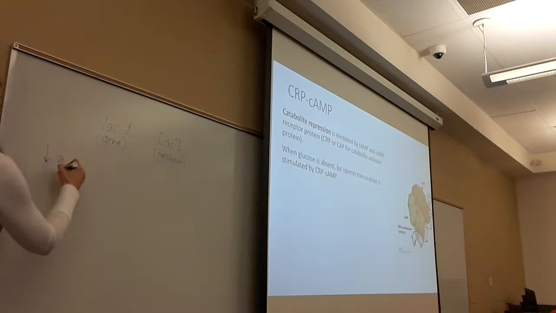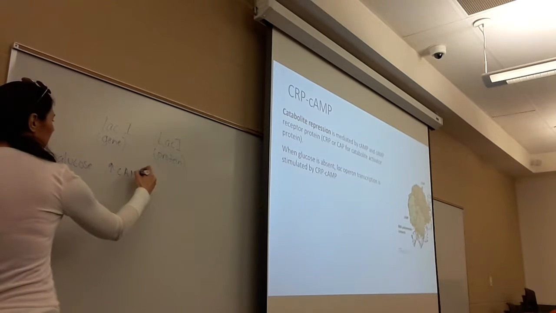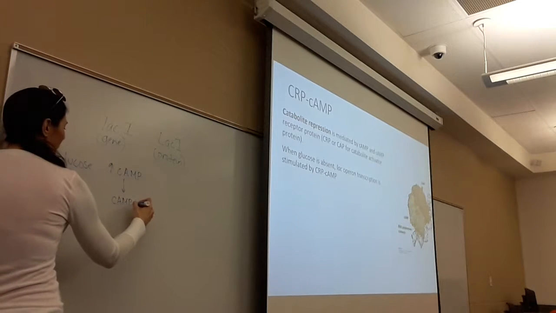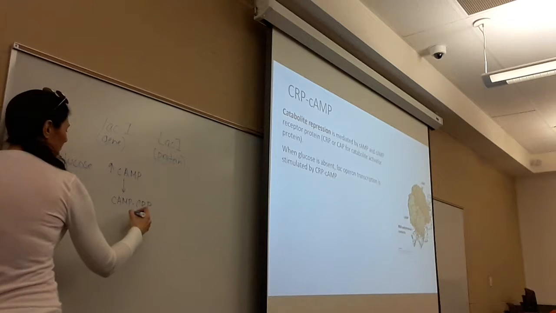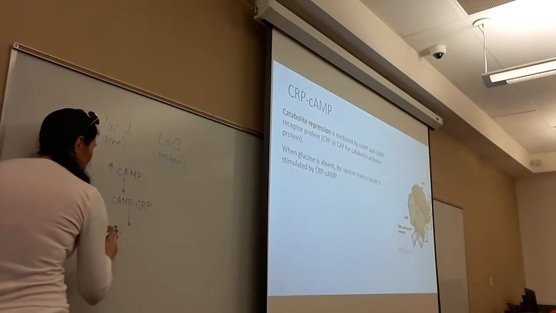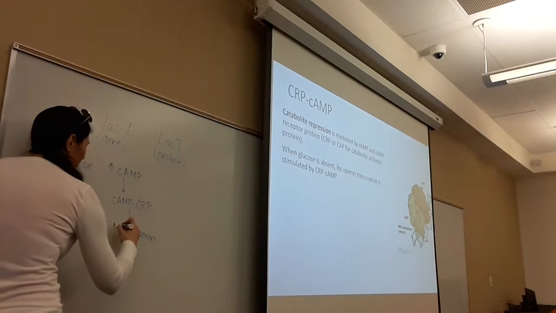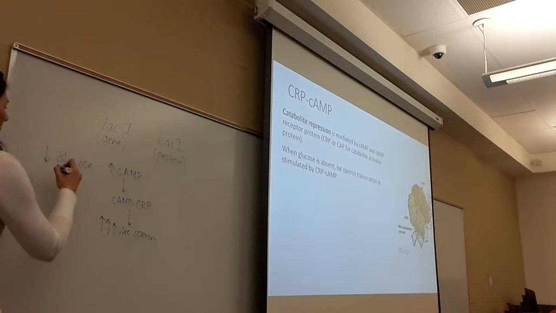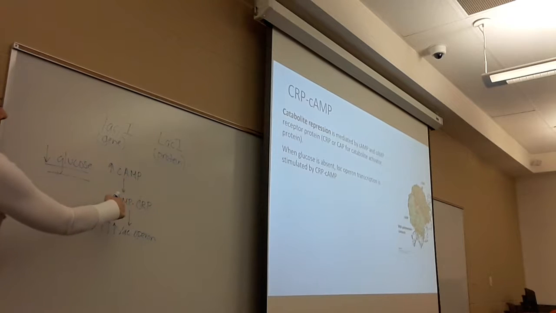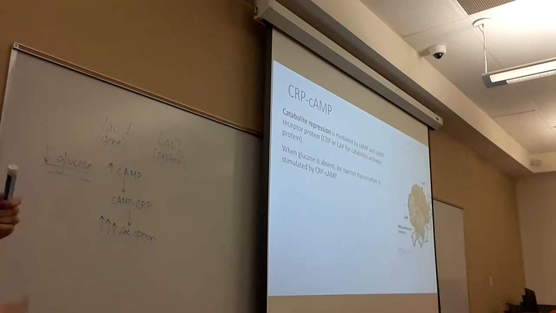So decreased glucose, increased cyclic AMP. Cyclic AMP binds to CRP, then CRP with cyclic AMP can bind to the lac operon, turning up transcription. So low glucose, high cyclic AMP binds to CRP, and CRP then can activate the lac operon.